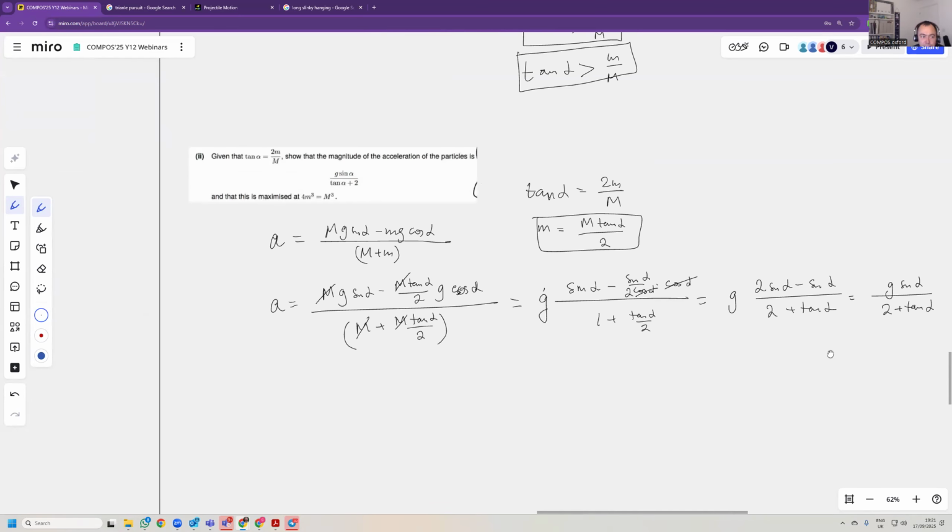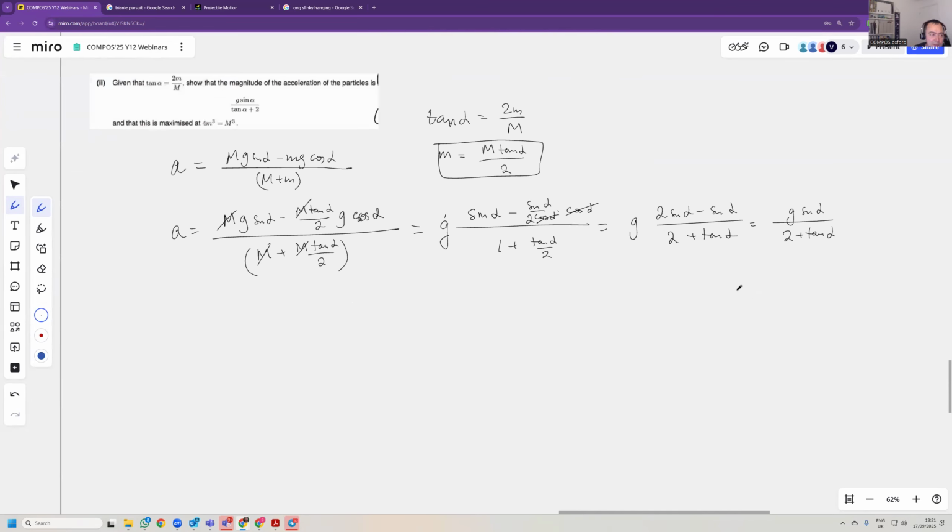Now, it is maximized. Well, let's find acceleration in terms of m. Acceleration is g multiplied by sine alpha.